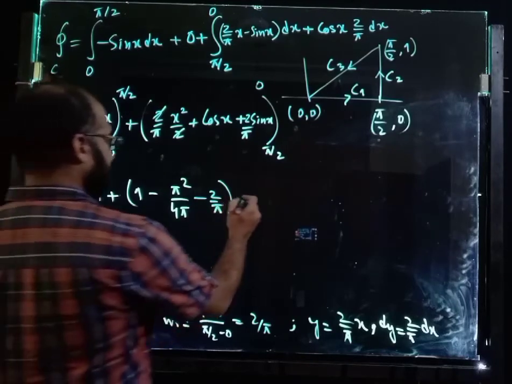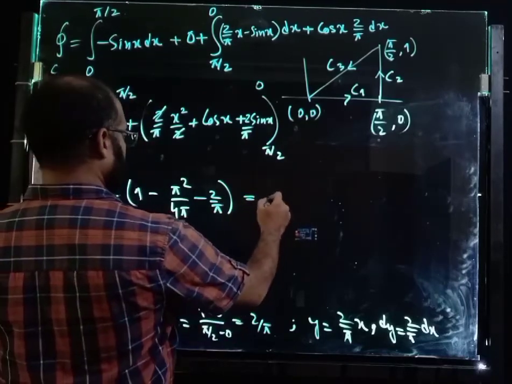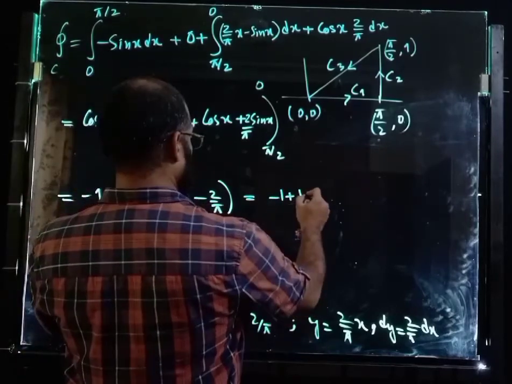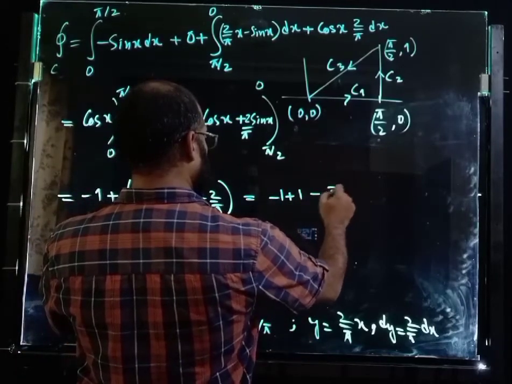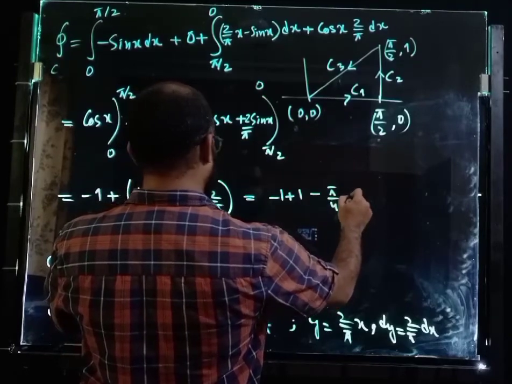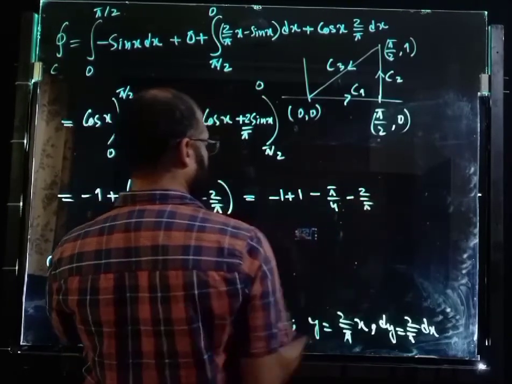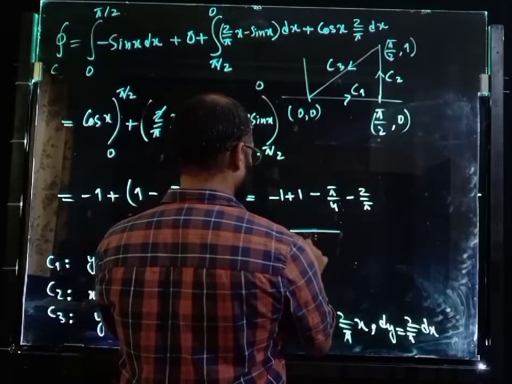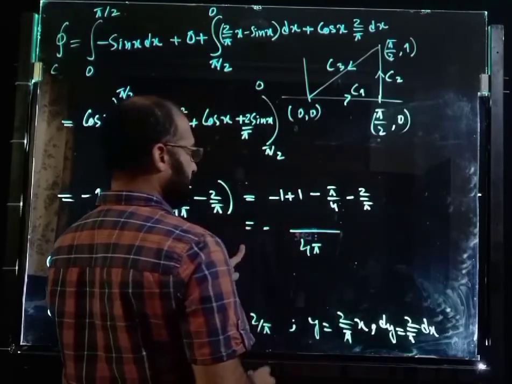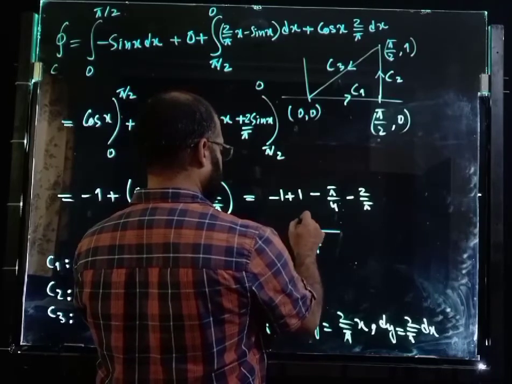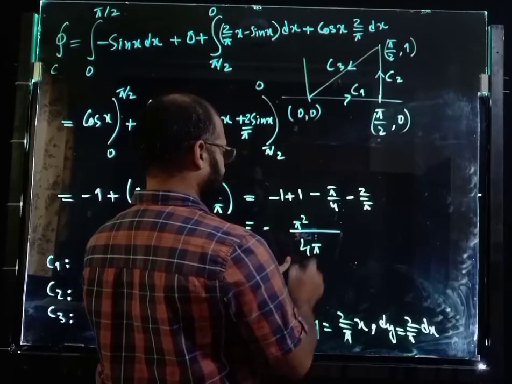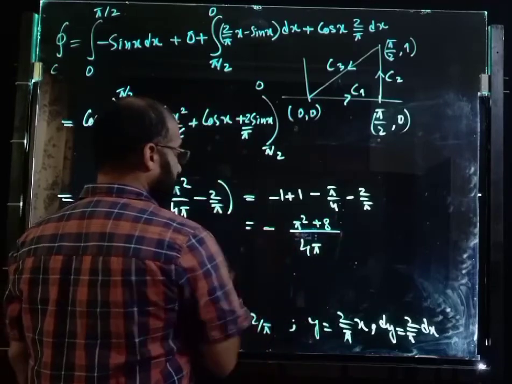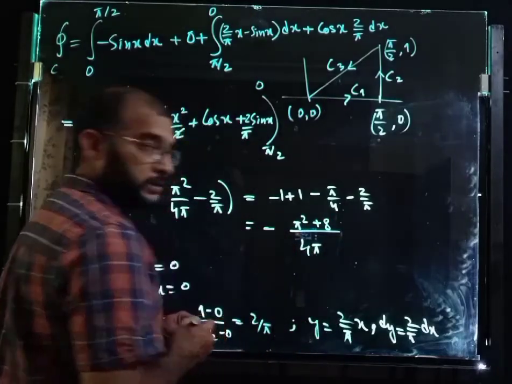So dear student, I can write from here minus 1 plus 1 minus pi by 4 minus 2 by pi. So I can write it as minus pi squared plus 8 over 4 pi.